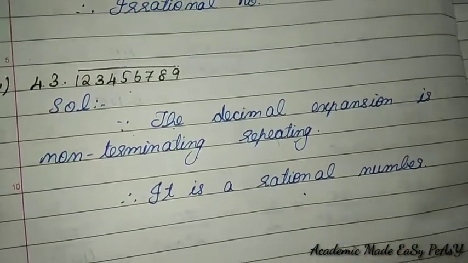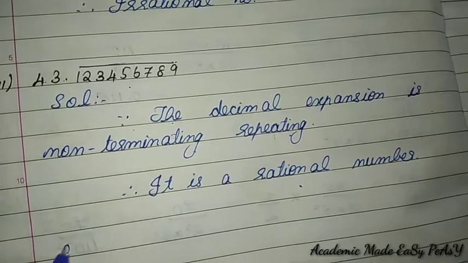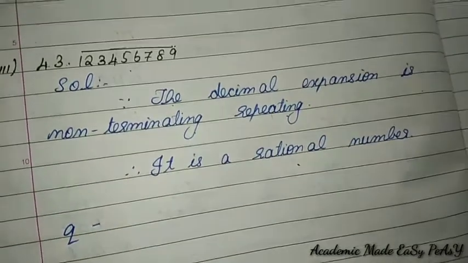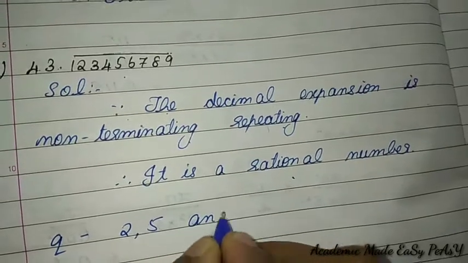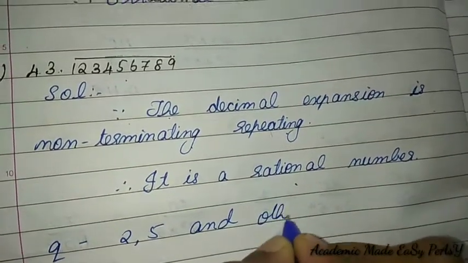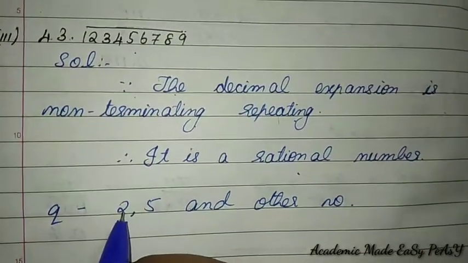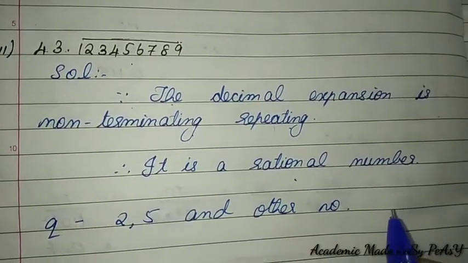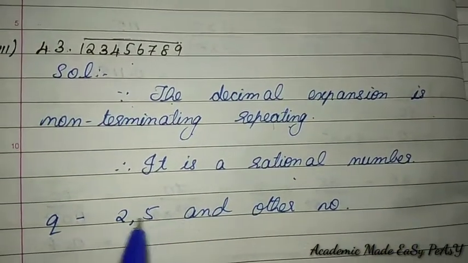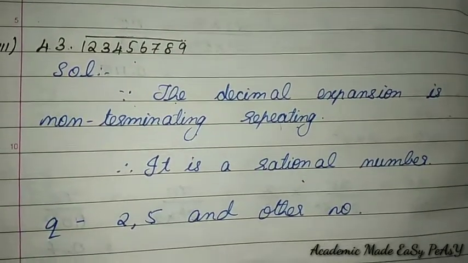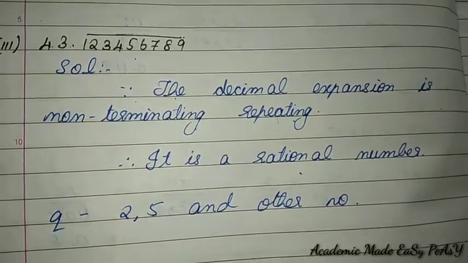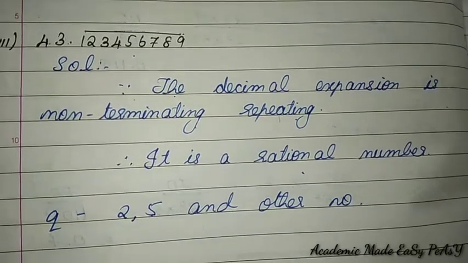Now we have to see what the factors of Q are. The factors of Q can be 2, 5 and other numbers also, but 2 and 5 alone will not come. So it is a non-terminating, repeating number.